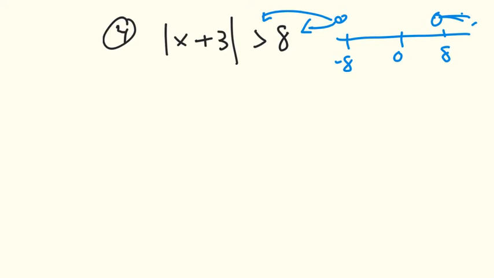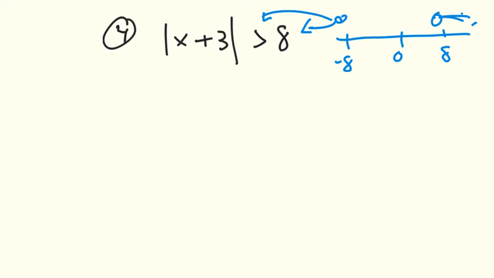So it's either going to be someplace out here, greater than 8, or someplace down here, less than -8. The only place it can't be is in between. So this is going to turn out to be an OR inequality. It's going to be either up here or down here.